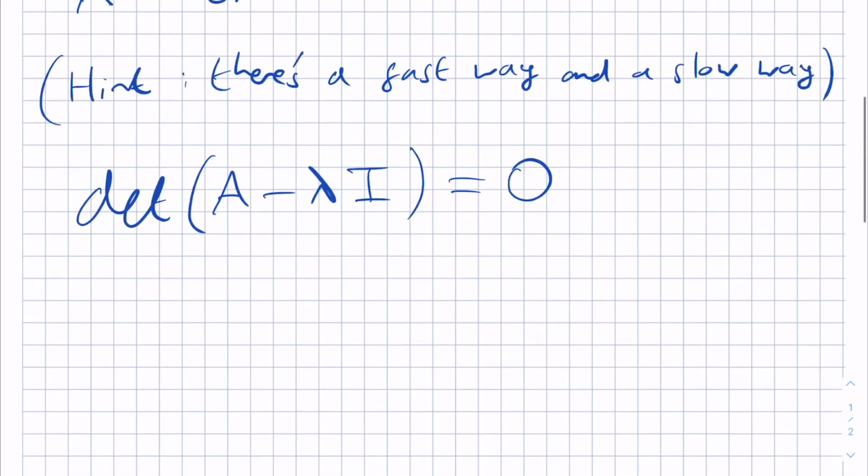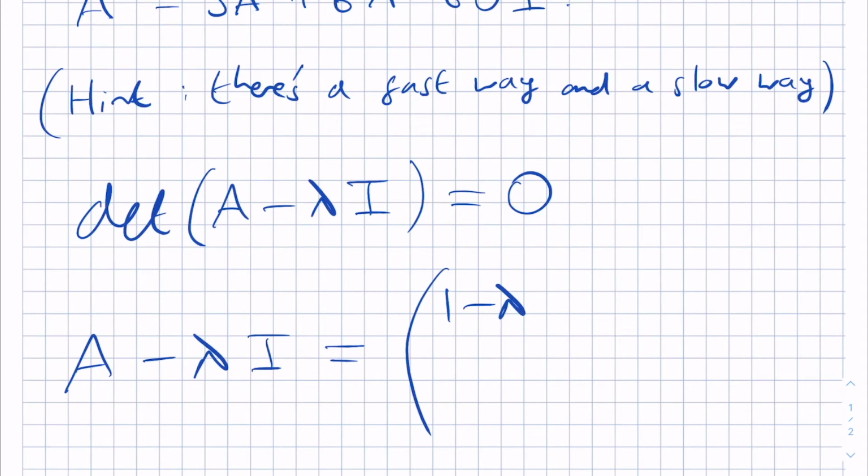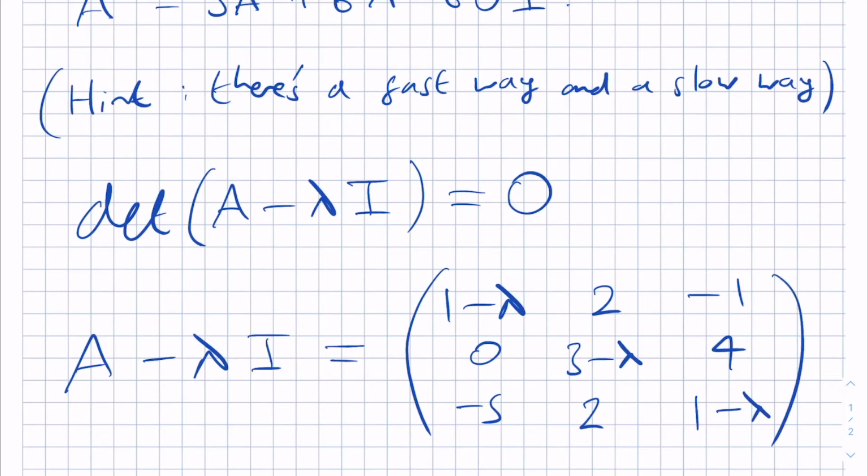The matrix A minus lambda I looks like, based on the matrix A, 1 minus lambda, 2, minus 1, 0, 3 minus lambda, 4, minus 5, 2, and 1 minus lambda, i.e. minus lambda goes on all of the diagonal elements from this minus lambda I here.